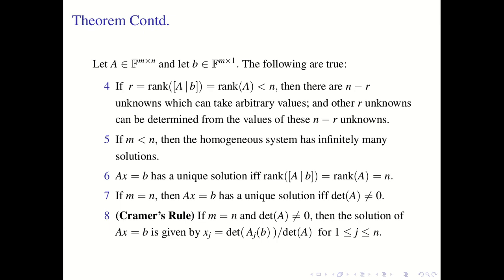We will see this when we solve some linear equations, and also in the proof we will see it. If m is strictly less than n, then the homogeneous system has infinitely many solutions.